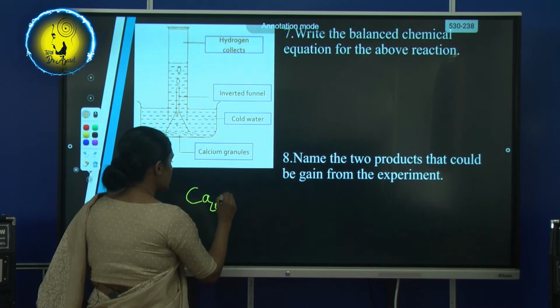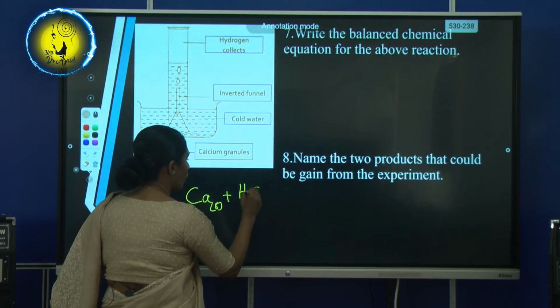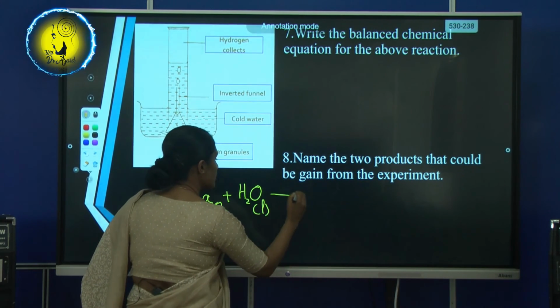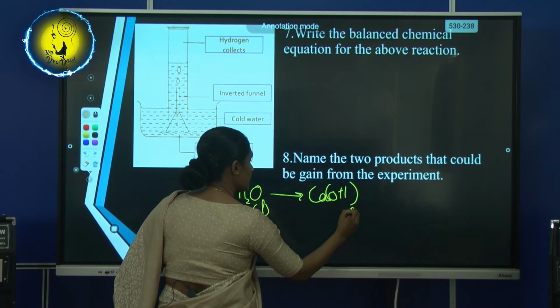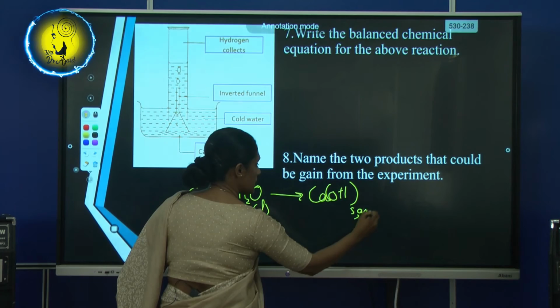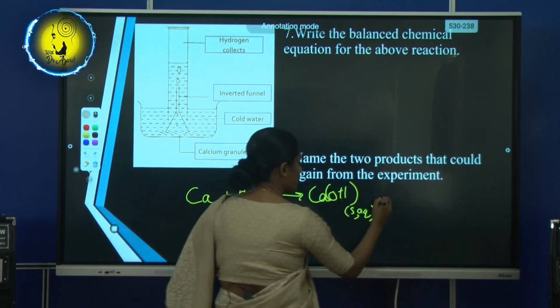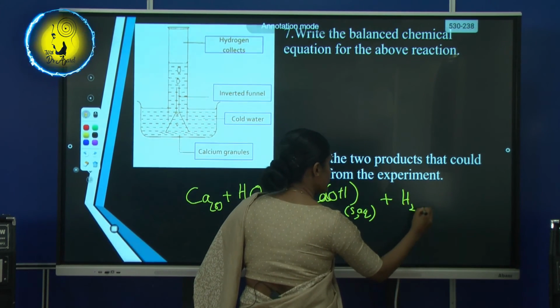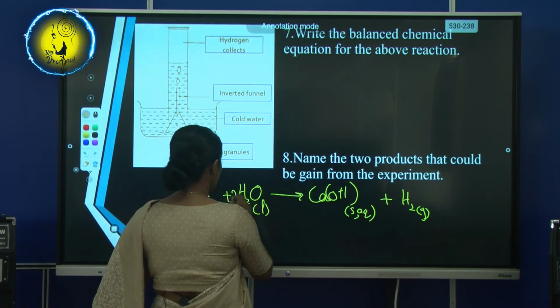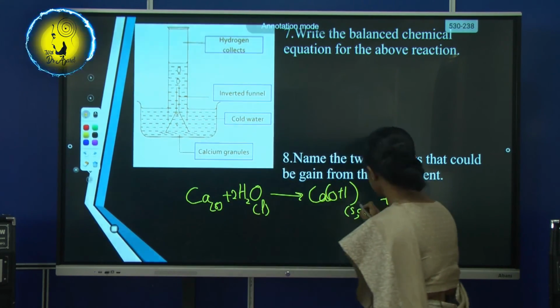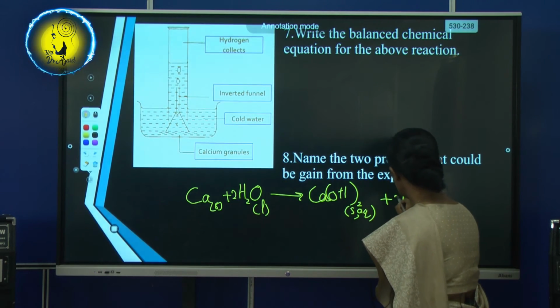Calcium in solid state with cold water, liquid water, gives you calcium hydroxide. Sometimes its physical state can be solid or aqueous. It depends. I told you that. And you have hydrogen gas. We wrote 2 in front of this. Here you have 2, here 2.